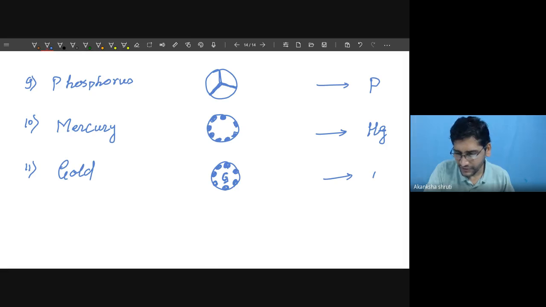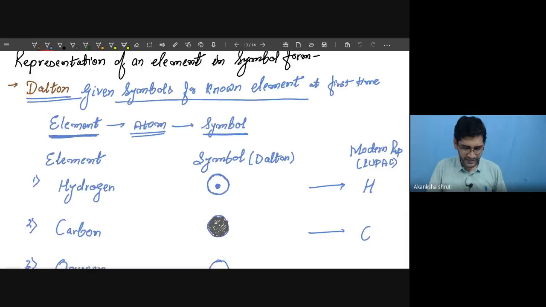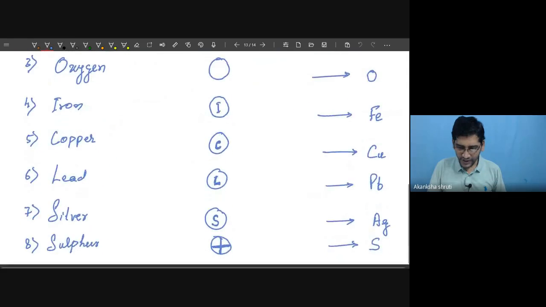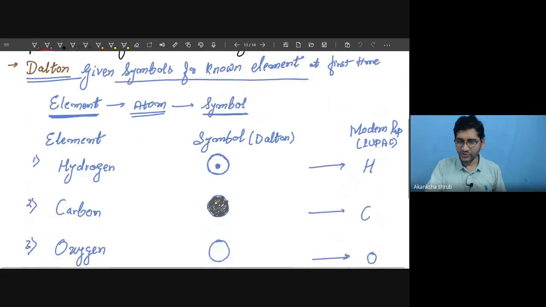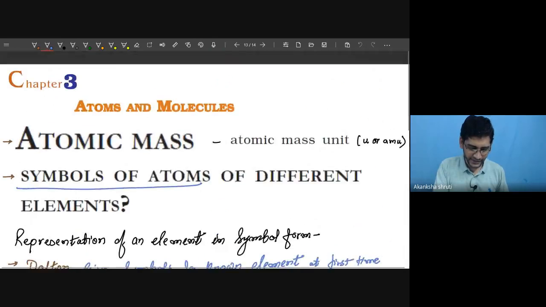Nowadays it is denoted by Au, Latin name aurum. So here we are observing that the different symbols given by Dalton were difficult to remember. So therefore they are not used today, and now simplified symbols based on the alphabet are taken. Are you getting it, students?